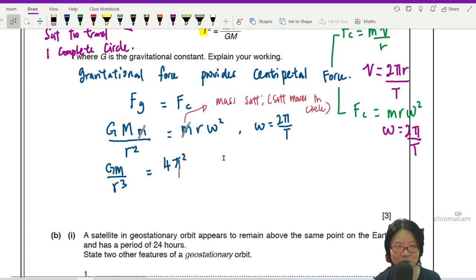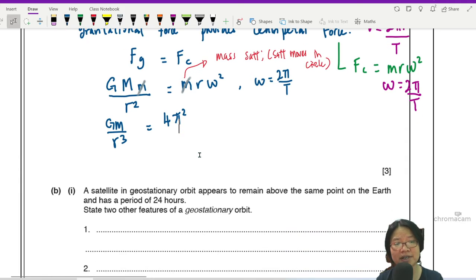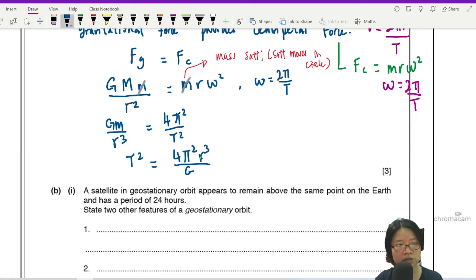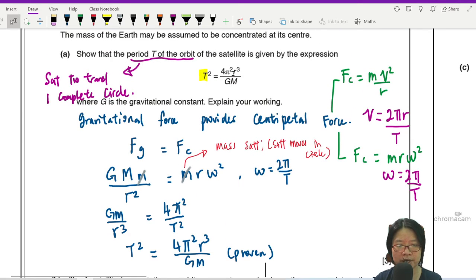So omega squared will be 4 pi squared divided by T squared. Then you can rearrange, making T squared the subject of your equation. This will be 4 pi squared r cubed over GM. Proven. So T squared is 4 pi squared r cubed over GM.